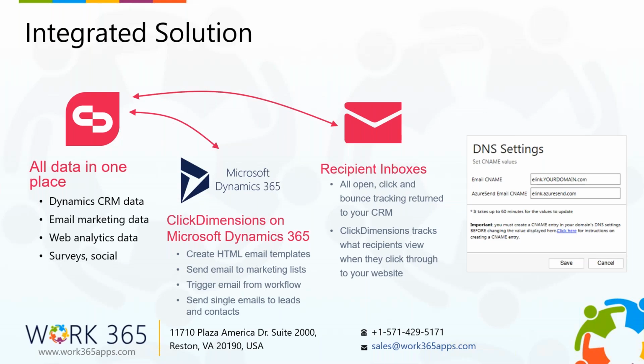They have to get reports or analytics from different applications to really make sense of all the analytics. Well, with ClickDimensions, Work 365, and being built on the Dynamics 365 platform, all the data is in one place. So now you can get real-time results, make informed business decisions, so you can execute and strike while the iron's hot for your prospective customers and leads.